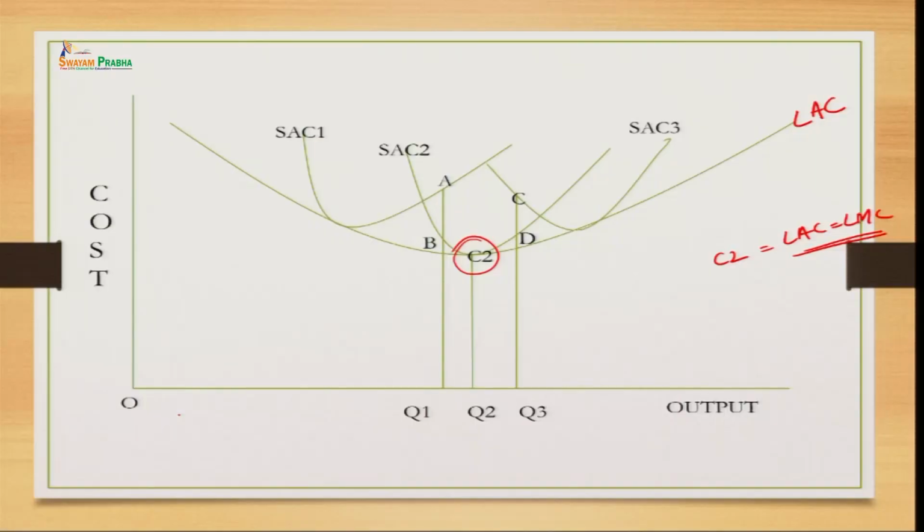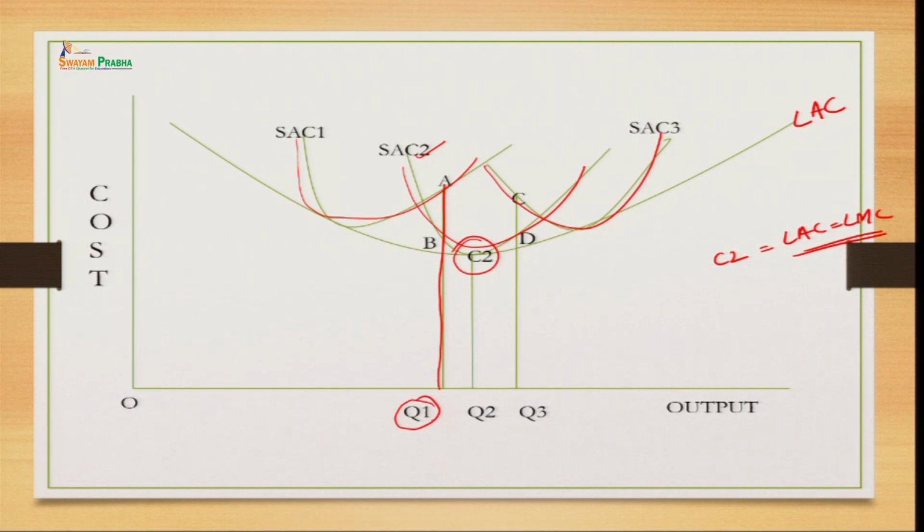Suppose I want to produce the quantity up to OQ1. How are we going to produce this? What I have done is draw these curves, that is SAC1, SAC2 and SAC3.